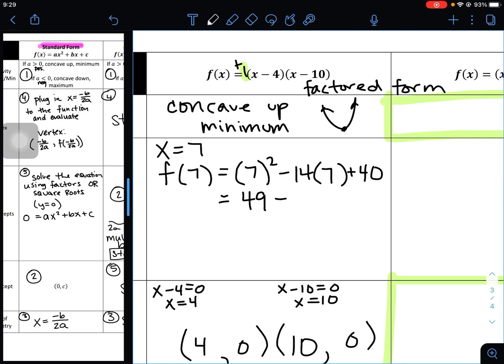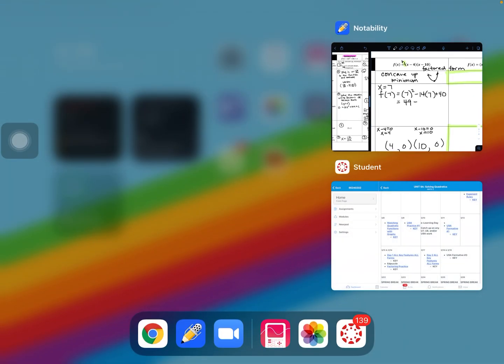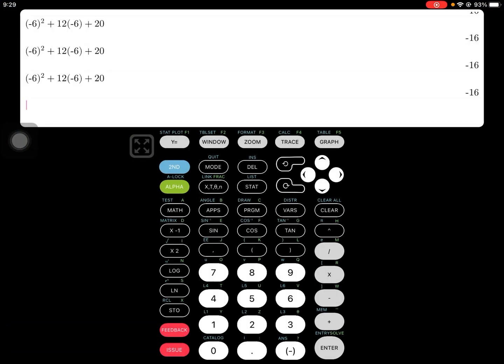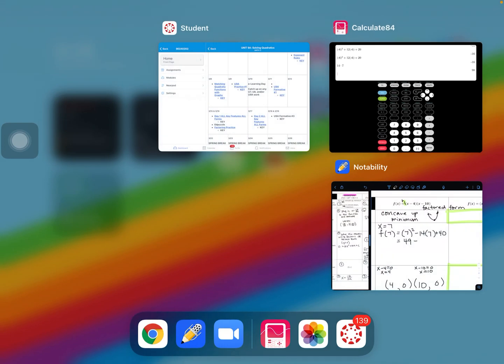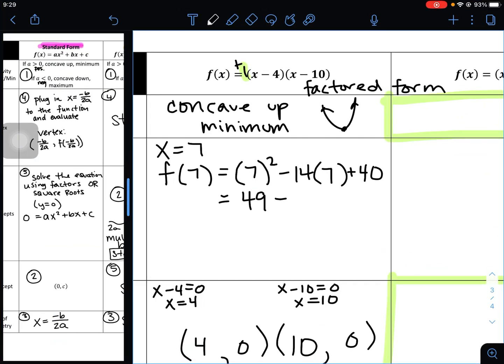Let's see, negative 14 times 7 is negative 98. Add our 40. 49 minus 98 is negative 49, plus 40. F of 7 then is equal to negative 9.